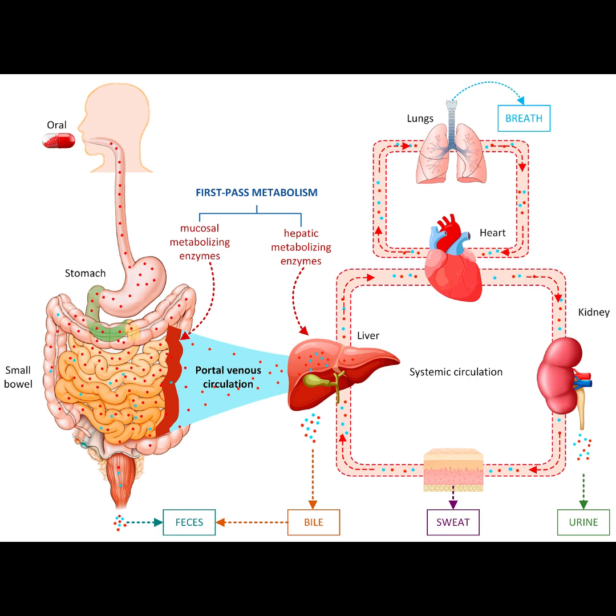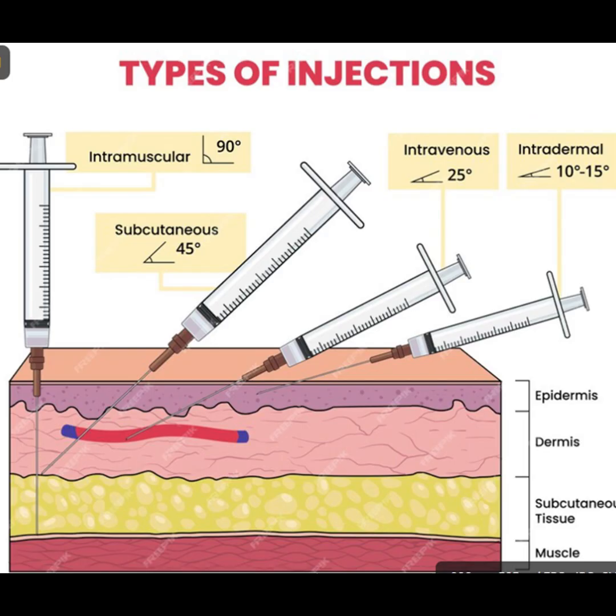It has a very high first pass metabolism. That's why it is given sublingually to skip the liver, act quickly and be self-administered in emergency conditions like heart failure. And remember, IV drugs have 100% bioavailability because they are directly injected into the bloodstream through the intravenous route.